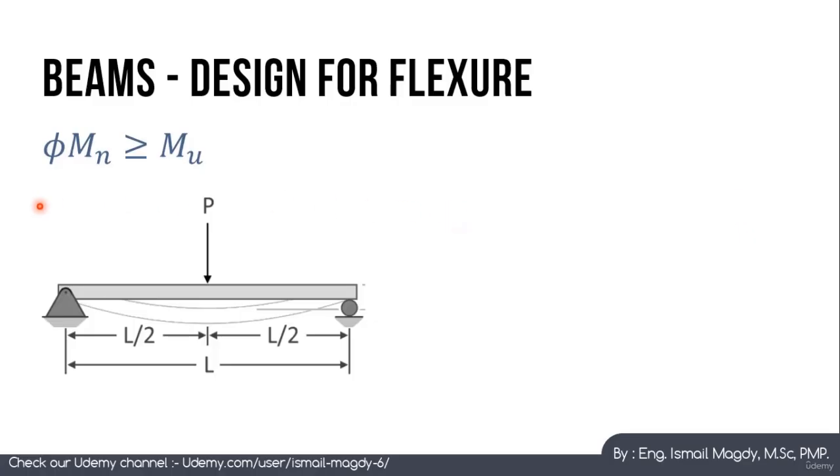As you can see here, if we have this beam under the effect of P, which is a vertical force, this means that this beam is going to have a bending moment here in the middle of this span.